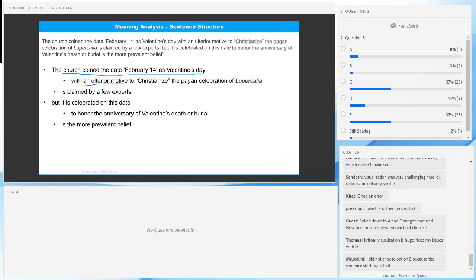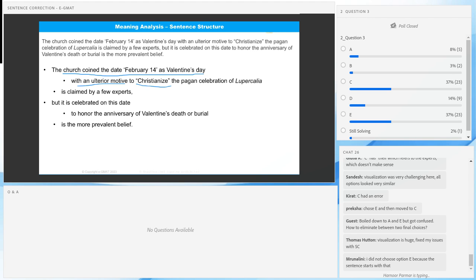And again, Christianize is in quotes, right? Christianize the pagan celebration of Lupercalia. Even if you don't know the word pagan, that's okay. You know the word Christianize, right? So basically, convert into Christian tradition some other traditional celebration, of Lupercalia. Even if you don't know what Lupercalia is, don't worry about it.